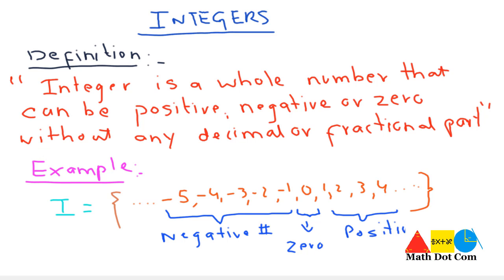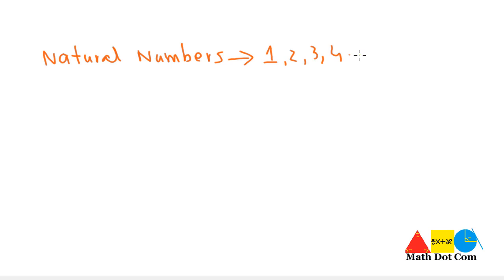Now, how are integers different from the natural counting numbers and the whole numbers? Let's see. We have earlier discussed the natural numbers, or counting numbers. Natural numbers are 1, 2, 3, 4, and so on. These are called the counting numbers, as they are usually used for counting objects.